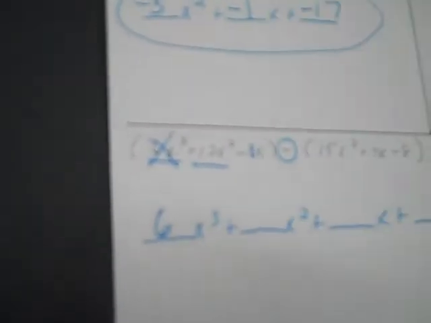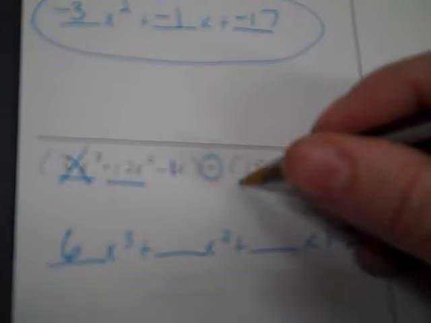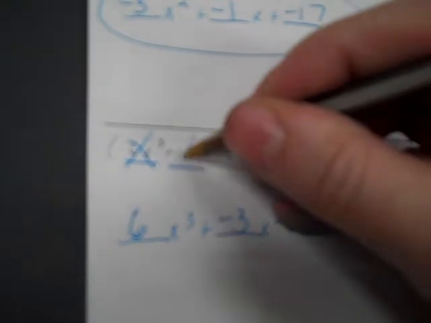Cross it out. Now x squared, we've got 12x to the second in the first polynomial and 15x to the second here. So I take positive 12 minus 15, negative 3. Then x. I've got negative 1x and positive 7x.